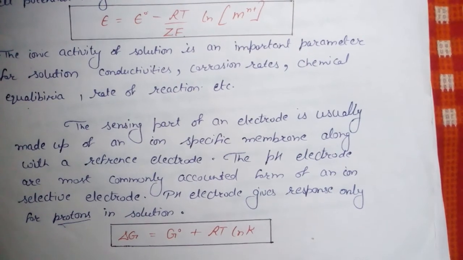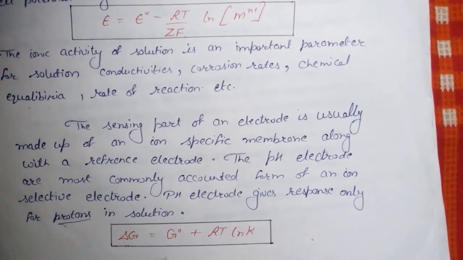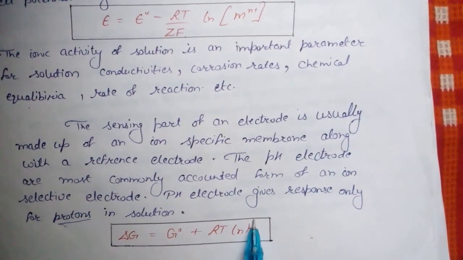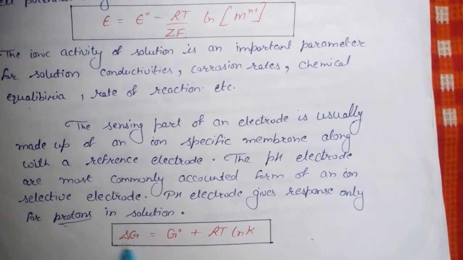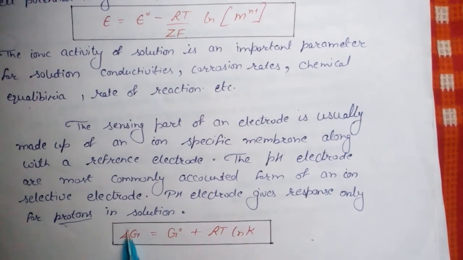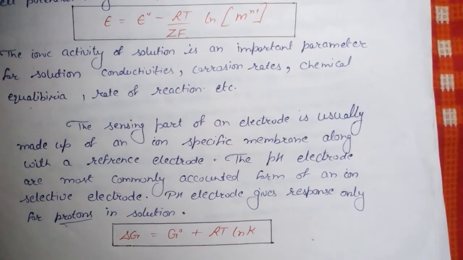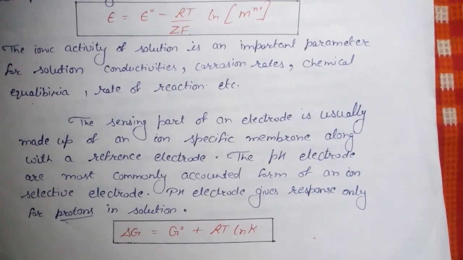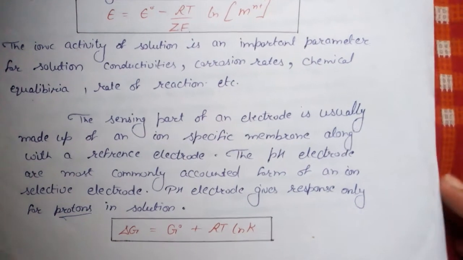So the equation from here is ΔG = G0 + RT ln K, right? This K is the constant and this is Gibbs free energy. So you have to conclude the Gibbs free energy for the complete overall reaction, right?